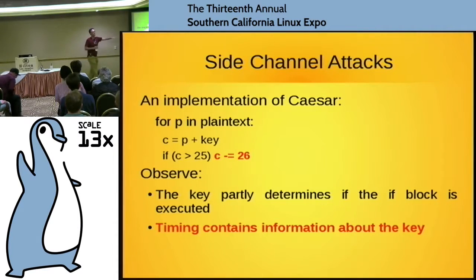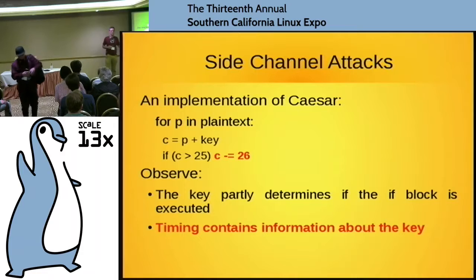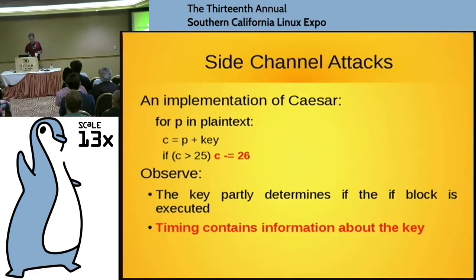So forget about the fact that every language has a modulus operator, okay? This is a model, right? Now, there's something interesting about this. The value of the key partially determines whether the if block is actually executed, doesn't it? And that's a problem because that means the execution time contains information about the key. So that should bother you.